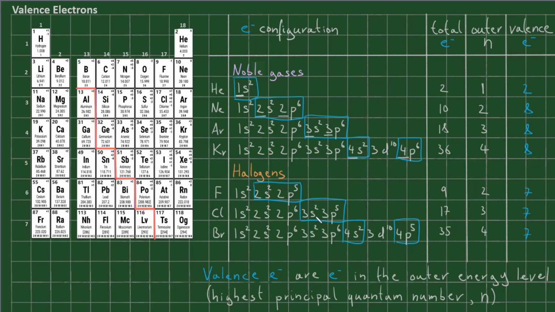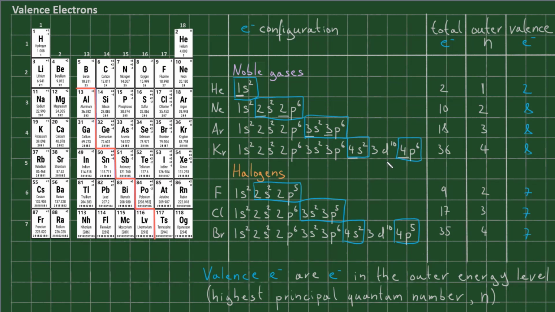The same is true for chlorine. If chlorine was to gain an extra electron, it would have the same electron configuration as argon. And if bromine was to gain an extra electron, it would have the same electron configuration as krypton. So previously we saw that alkali metals could end up with a stable electron configuration by losing electrons.